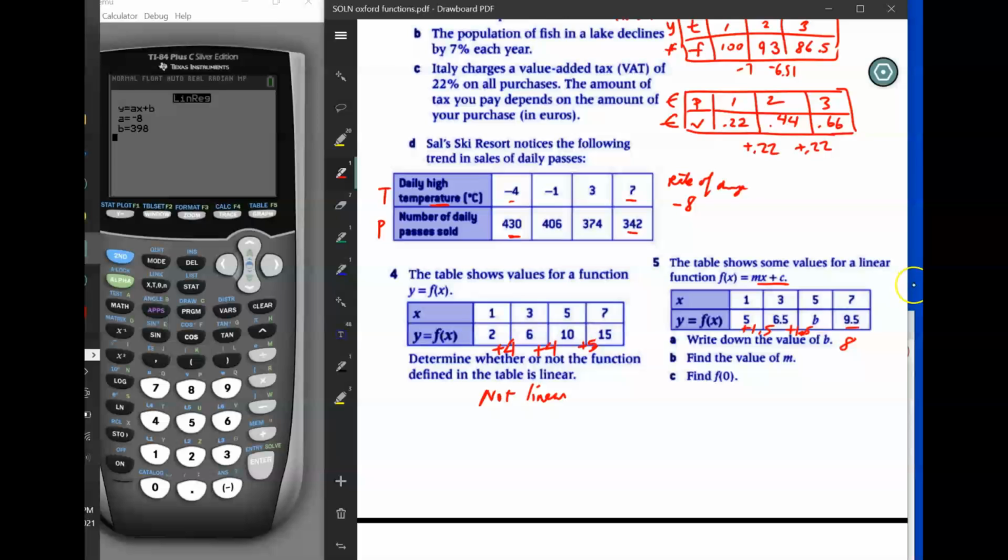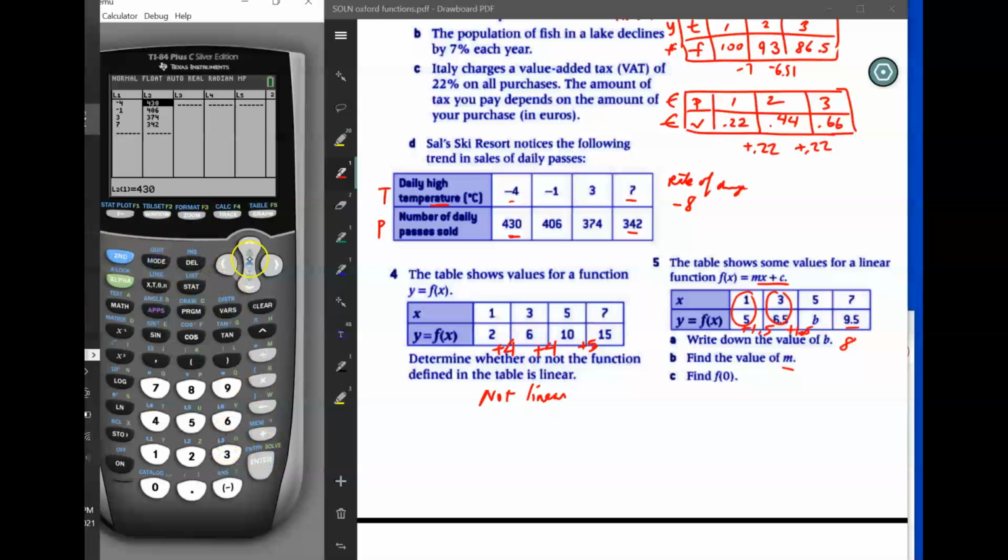Okay, and it also asked us to find the value of the slope. We could take 2 of these points, and then use the 2 points to find out what the slope is just by doing stat edit, right? So let's do that. We're going to go to stat, edit, and let's get rid of the data that's here.